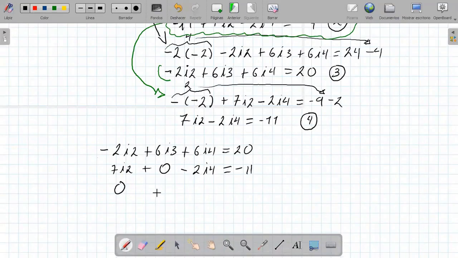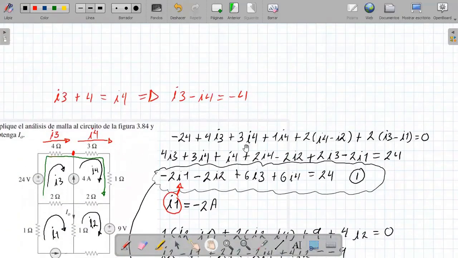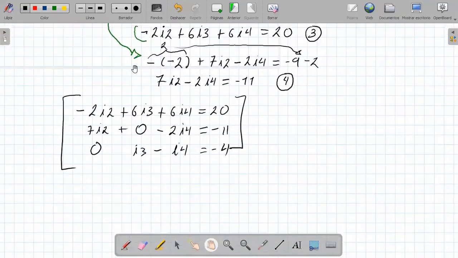That is, here it would be 0, here it would be N3, here it would be N4 and here it would be minus 4. Perfect. That's what I'm going to put into MATLAB.